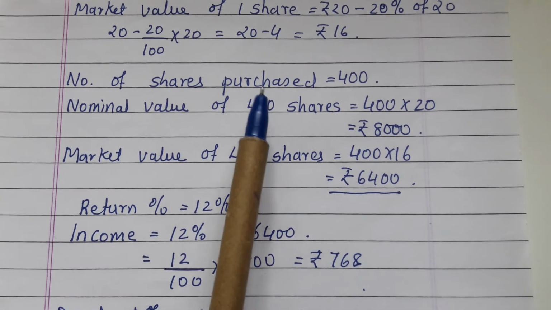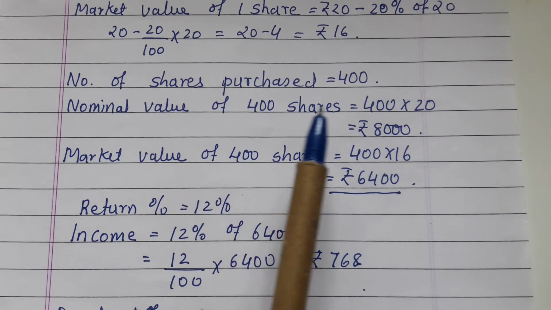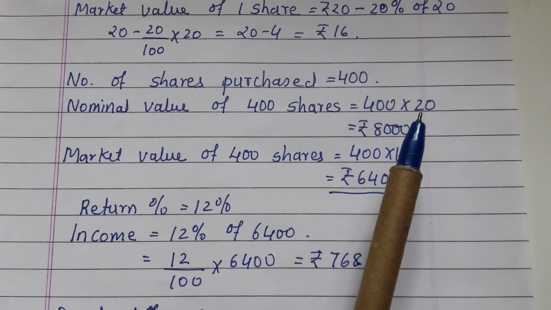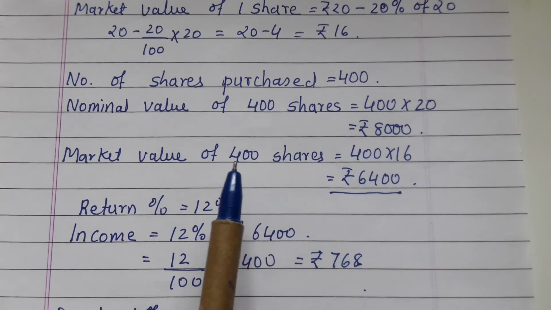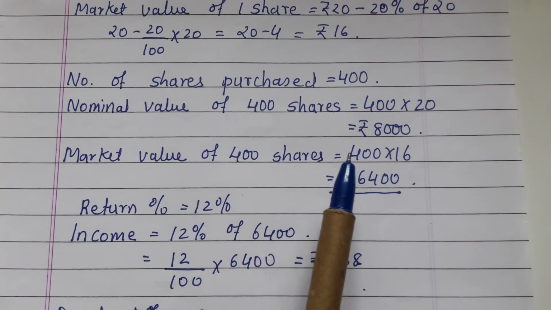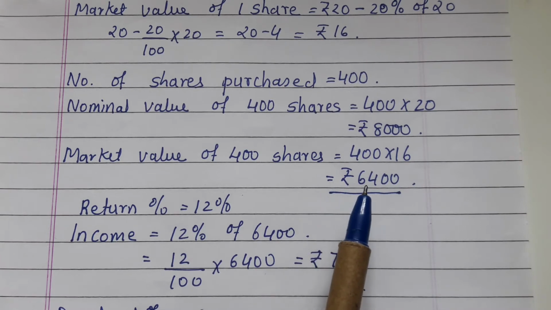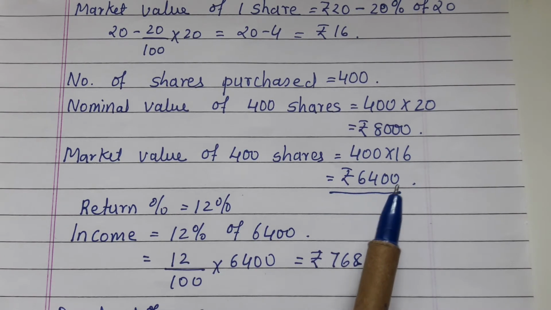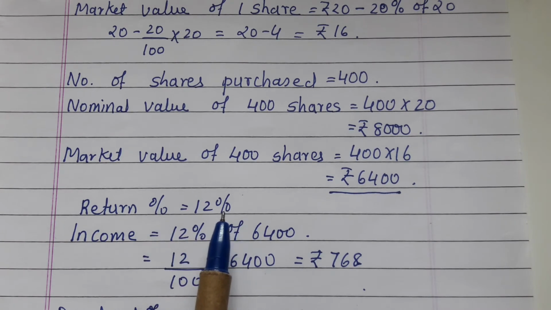Numbers of share purchased 400. Nominal value of 400 shares, 400 into 20, that is rupees 8000. Market value of 400 shares, 400 into 16, that is rupees 6400. Return percent is equal to 12%.